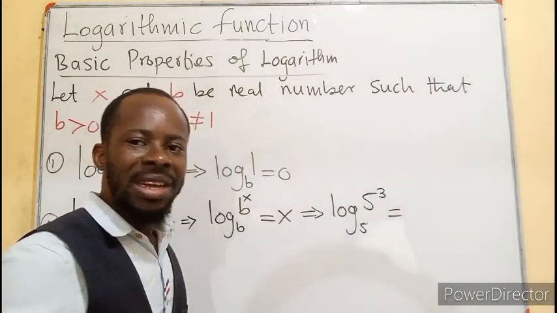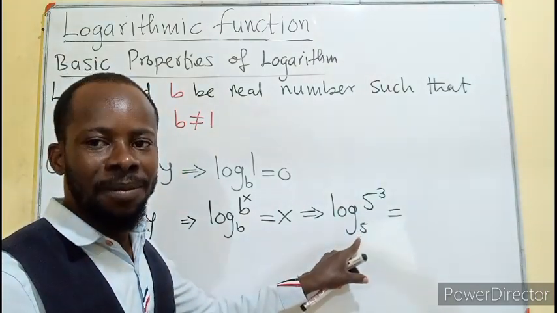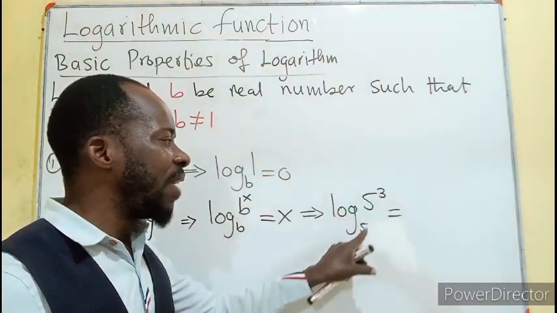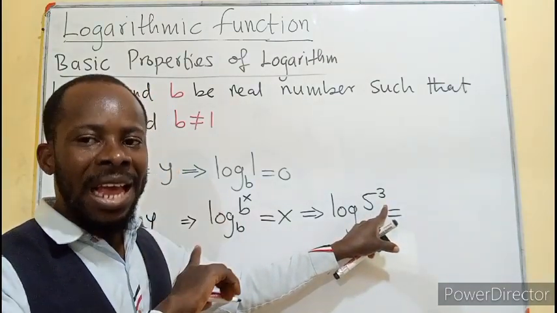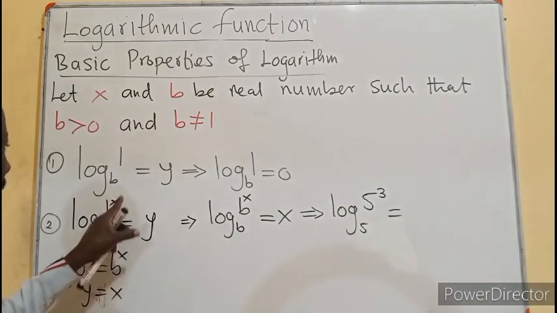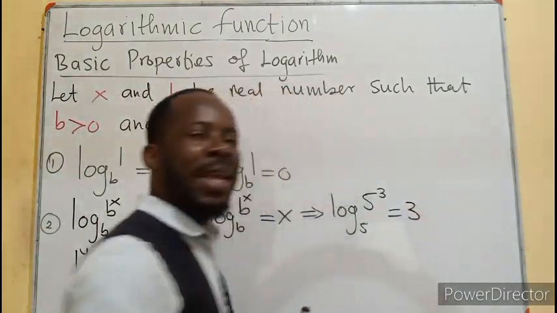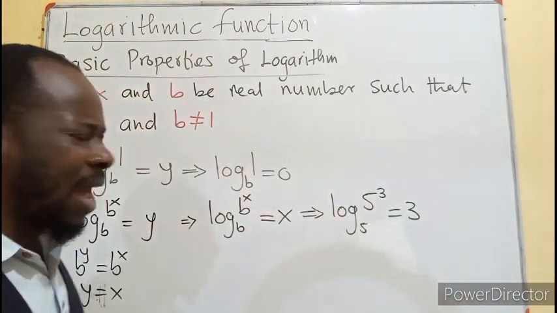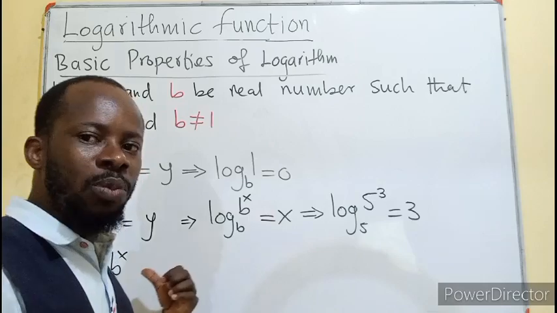No, the answer will be 3, because the base and the argument are the same. So since I have 5 and 5, I'll be interested only in the x, which is the exponent I'm having here. So this will just be equal to 3. We have another way in which we can get the 3 without following this procedure.